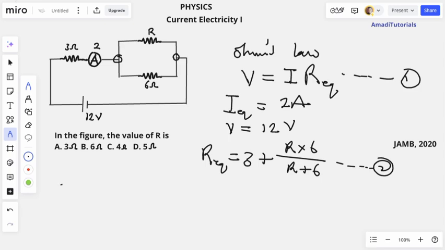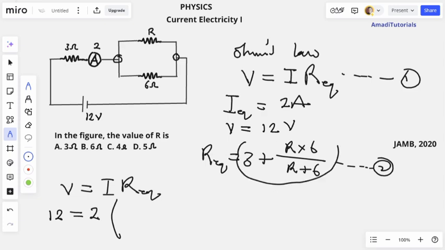Remember that our equation 1 there says V equals to what? Total current times total resistance, and the voltage is 12. 12 equals, the current is 2 amps, 2 times the total resistance, you open a bracket, R equivalent equals to the whole of this. So the whole of this represents R equivalent.